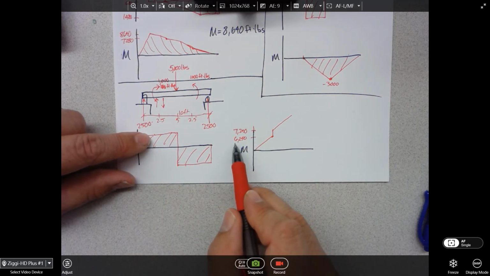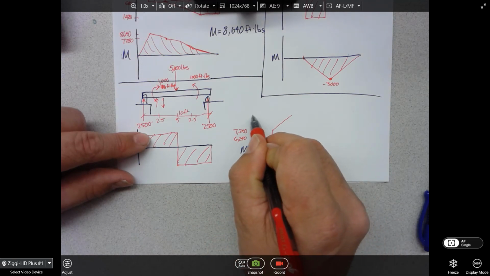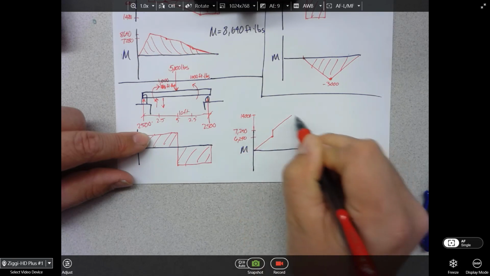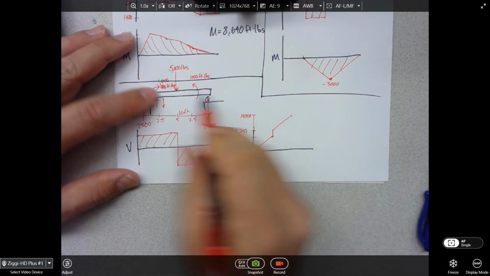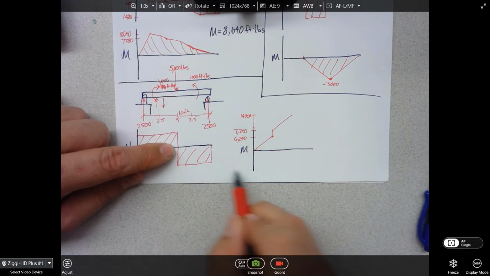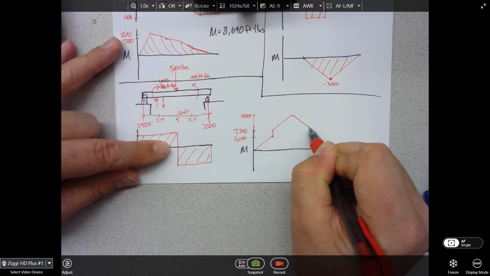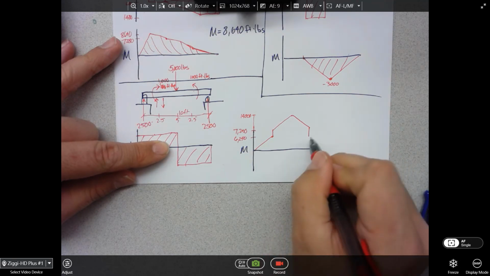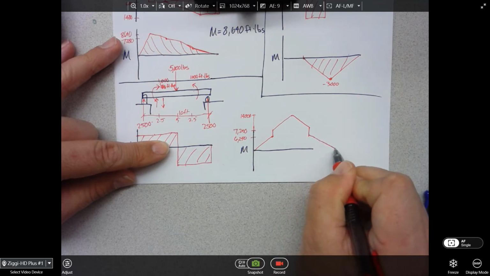So that'd be 12, 13, 14,000, I think, is what I end up at. Okay. And now I have a negative slope going back down. This is counterclockwise, so I jump down that much and keep going back down.